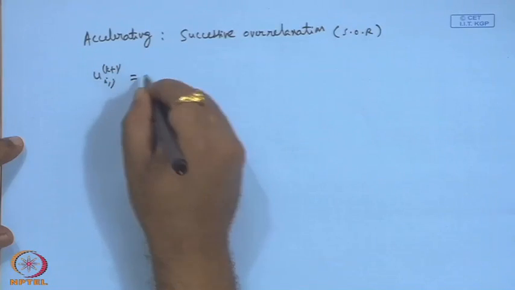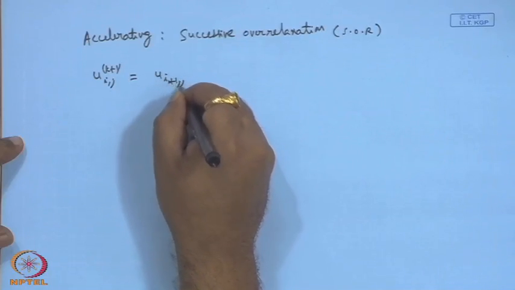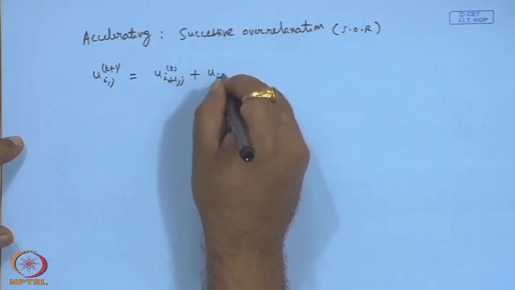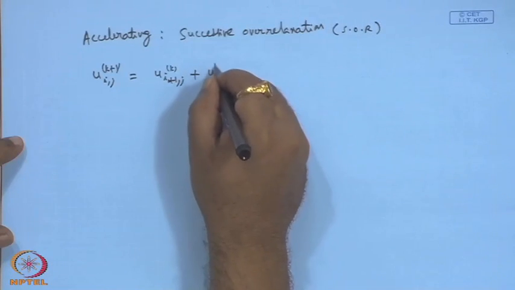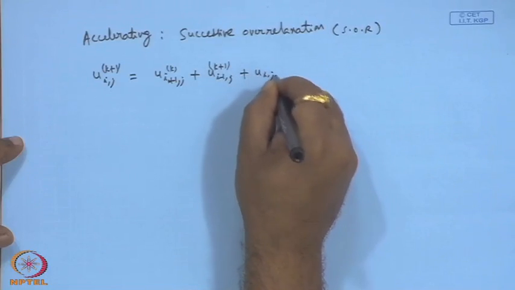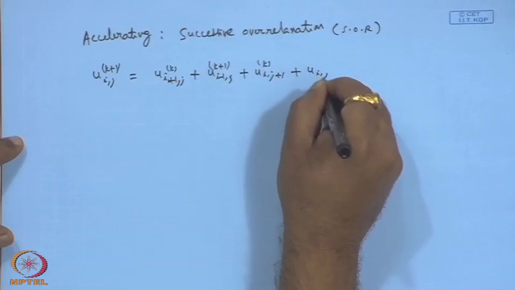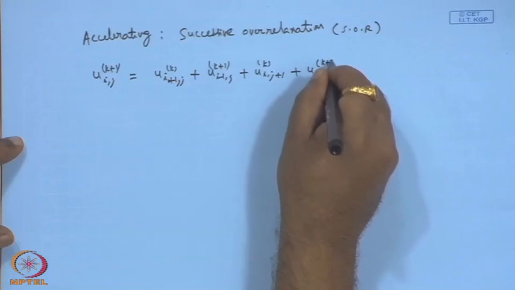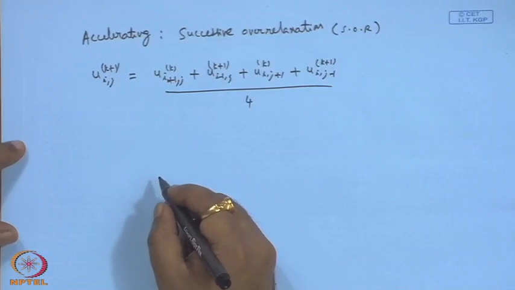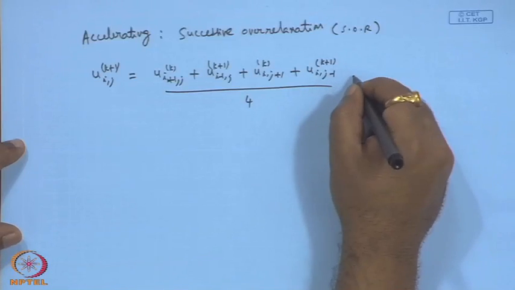So, convergence can be improved. So, what we do, we add and subtract u i j k for this.